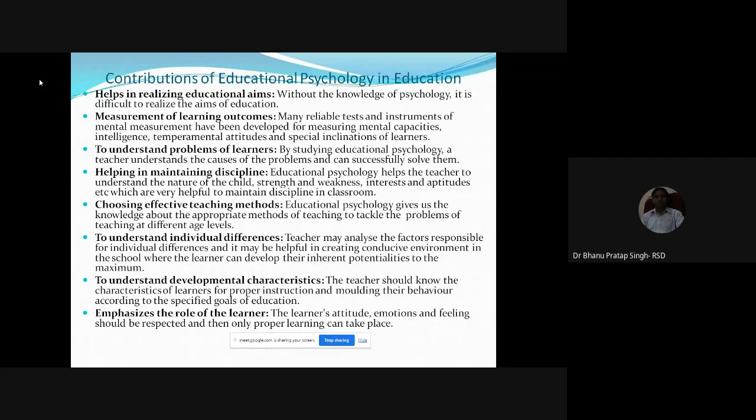Measurement of learning outcomes. There are so many reliable tests, instruments, even scales which are being used for the measurement of mental capacity, intellectual intelligence, attitude, aptitude. There are so many mental measurement instruments.